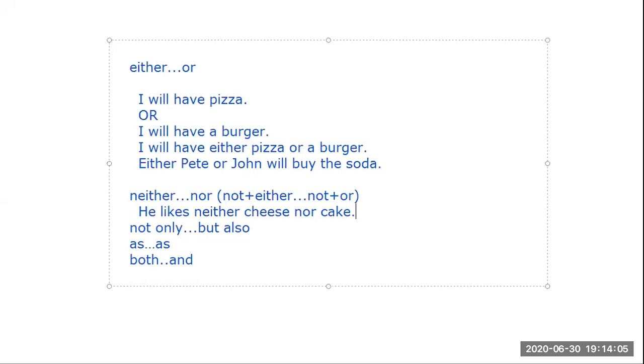So he doesn't like cheese, he doesn't like cake. So he likes neither cheese nor cake.